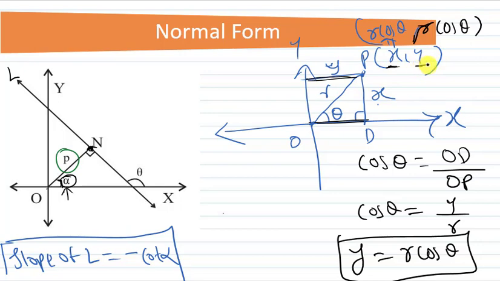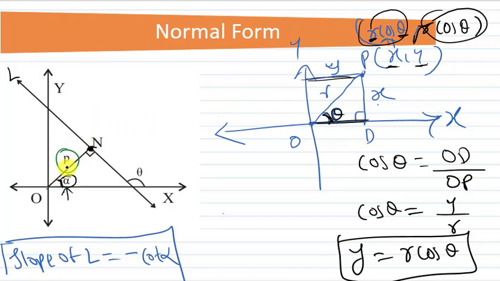So remember, any point whose coordinates are x comma y, I can write it as r cos theta and r sin theta. r is the distance of that point from the origin, and theta is the angle made by the line joining point P and origin OP, the inclination of that line.